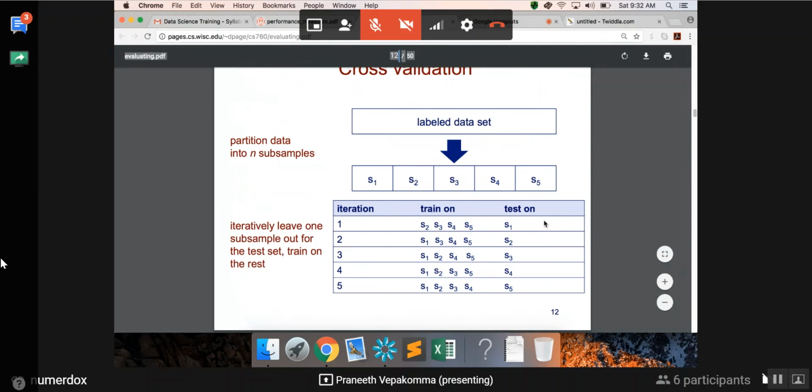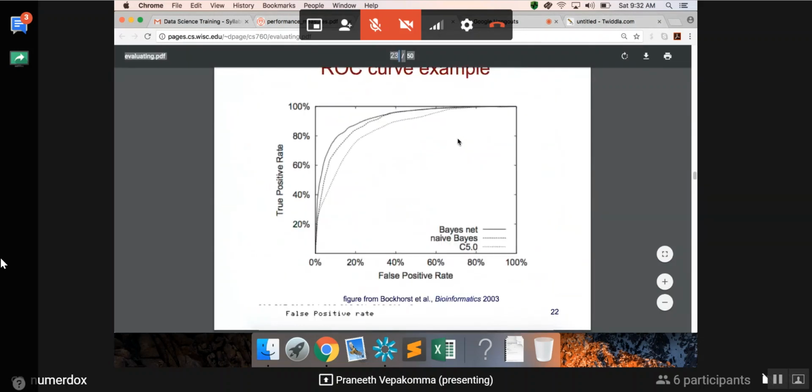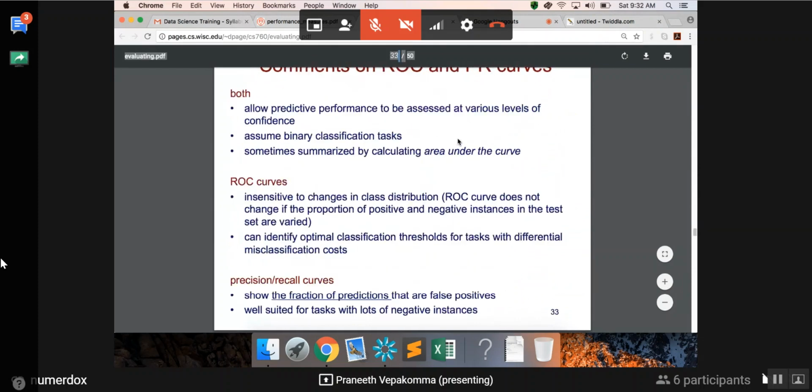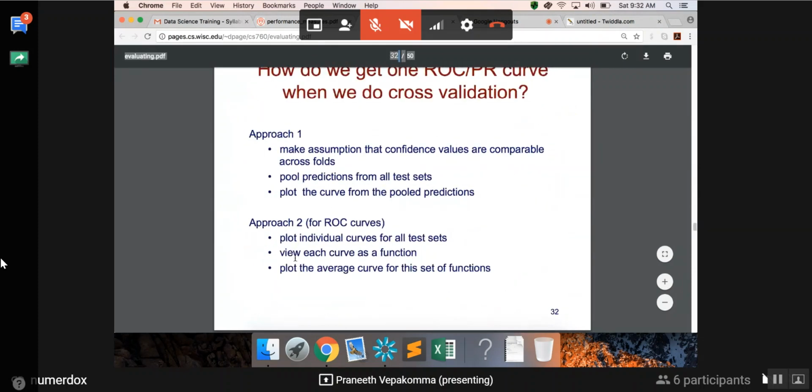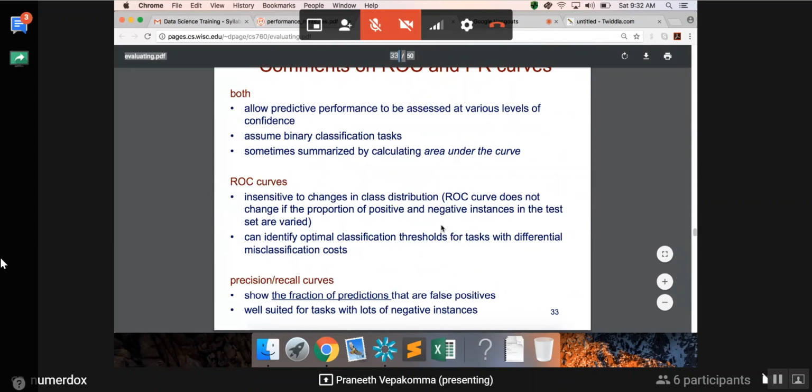So you can have an ROC curve here, and another ROC curve in this situation. You have 5 ROC curves. You draw each individual ROC curve as a function, but plot the average curve. That is one way you get a cross-validation ROC curve.